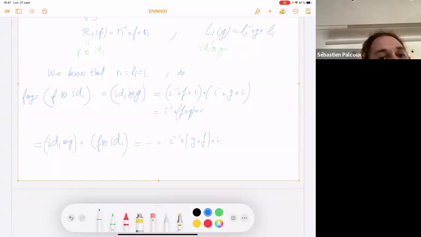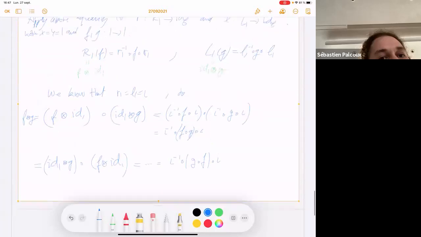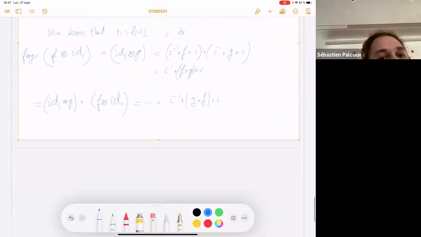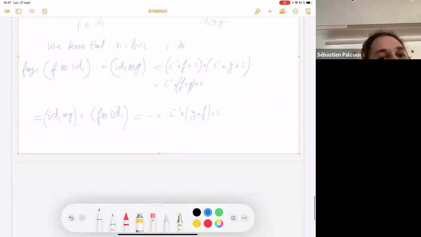Okay, so we apply the same thing. So this equality, we wanted to prove that and the commutation, and so we have F composed with G equal G composed with F, like that.